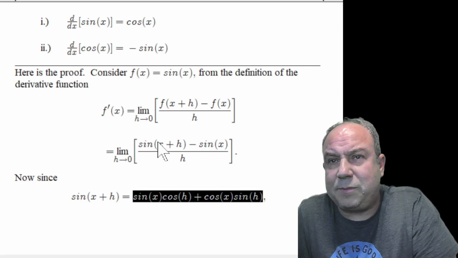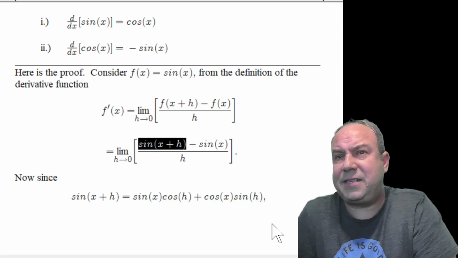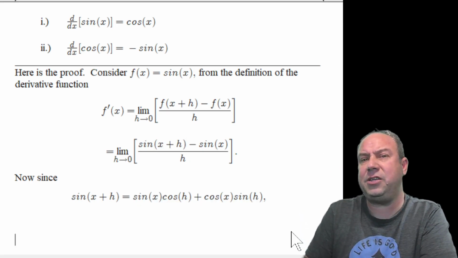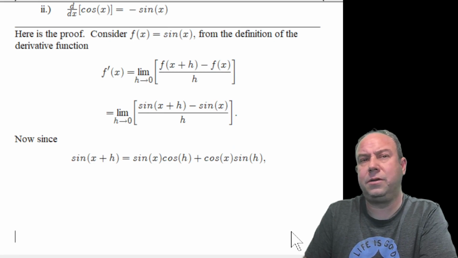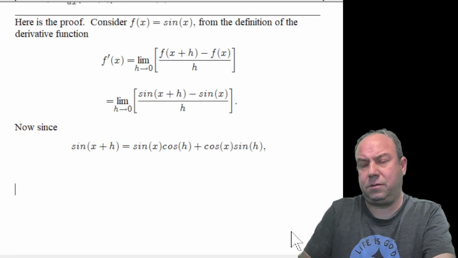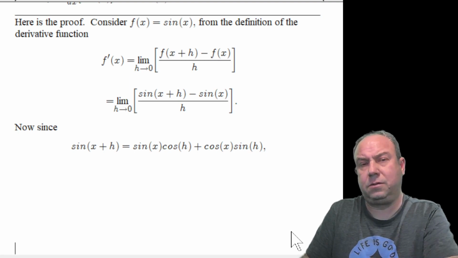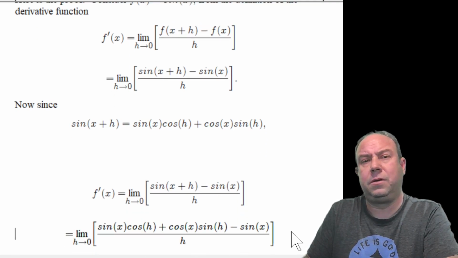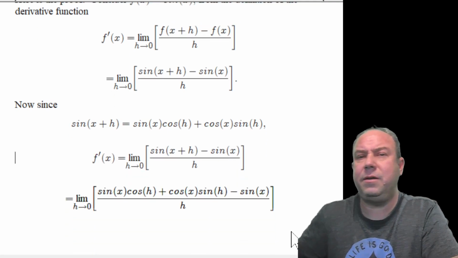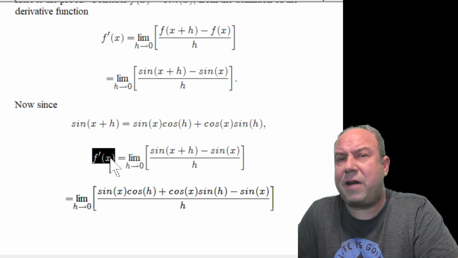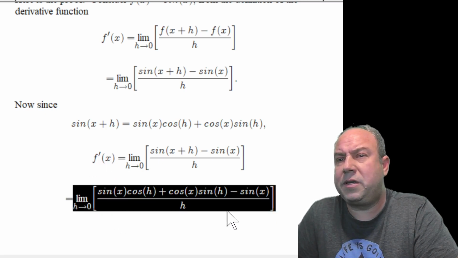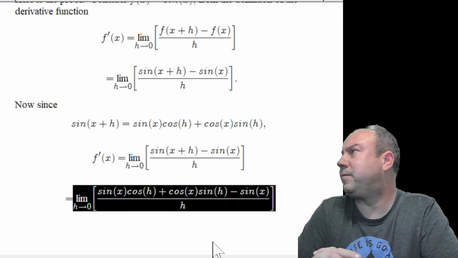If we now substitute the result back into this statement for the sine of x plus h, we can see that our statement for f prime is going to transform into this statement seen here.